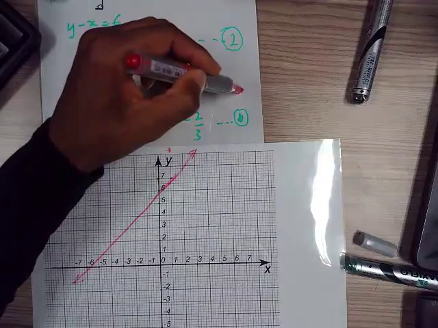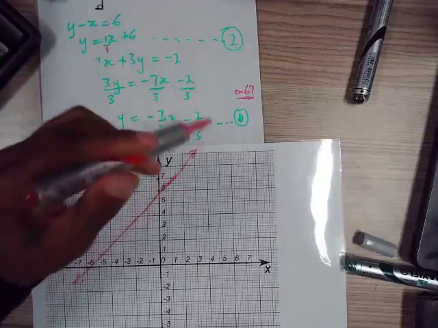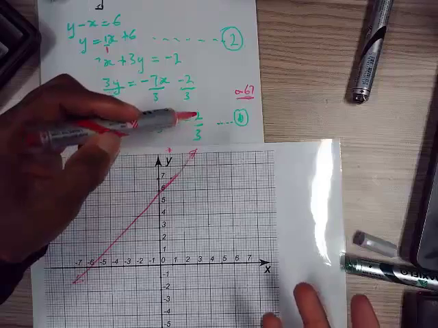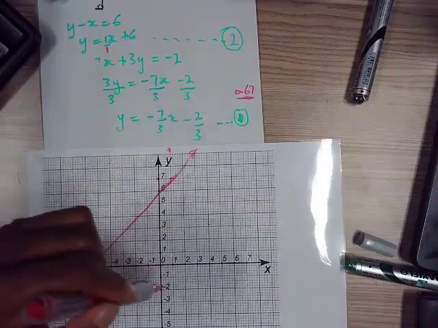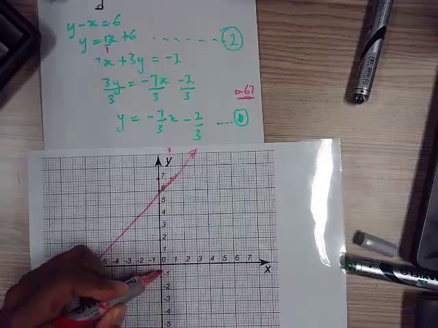You can check that with your calculator, because if it's a fraction, it doesn't give you a quantifiable number that you can plot here. So it's 0.67, which will be somewhere here.